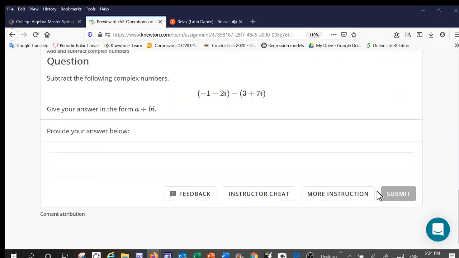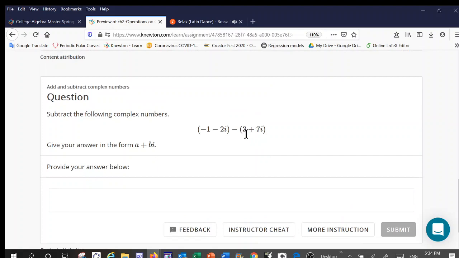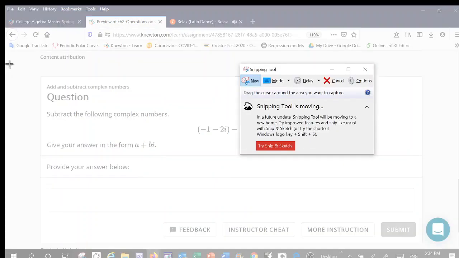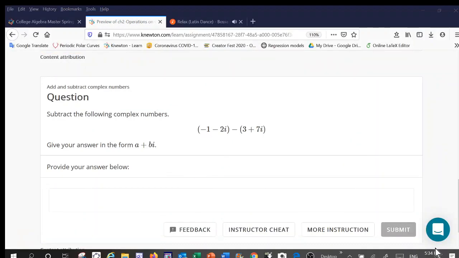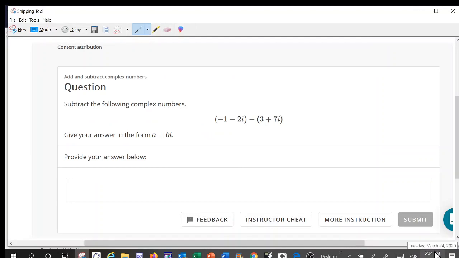All right. Now here we have to subtract. So we have to first multiply by that negative, right? So in this case, let's do one subtraction as well before we move on. So we have negative 1 minus 2i minus 3 minus 7i. You have to distribute this minus.